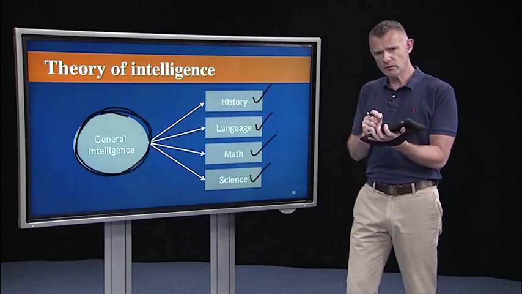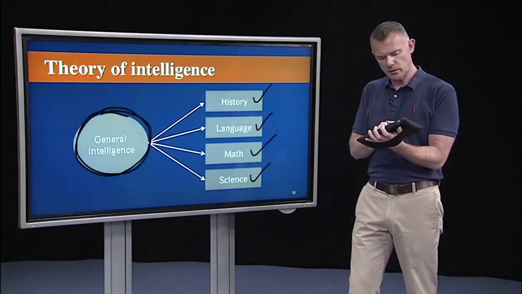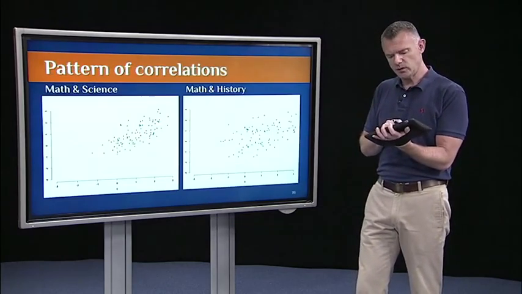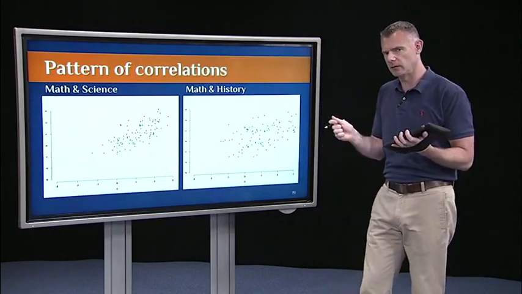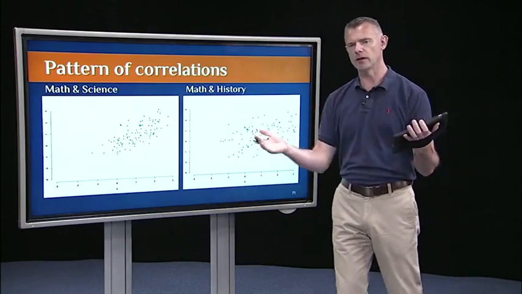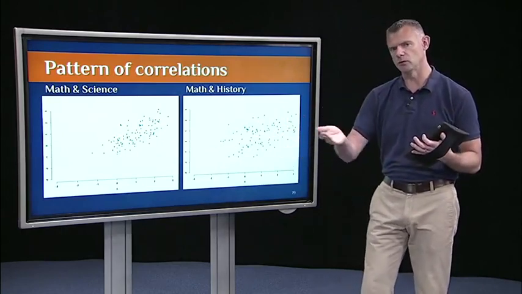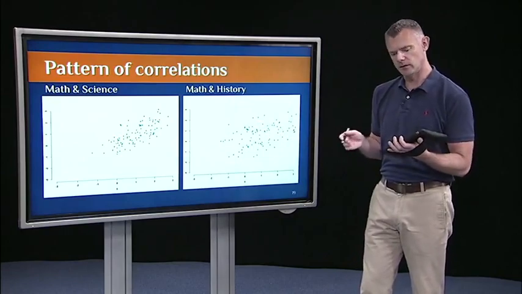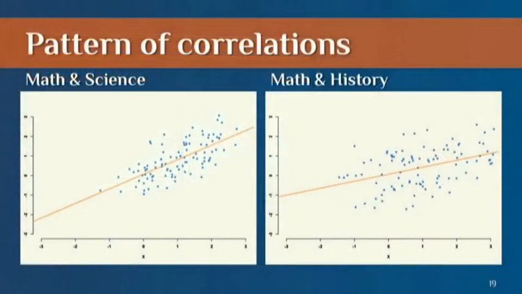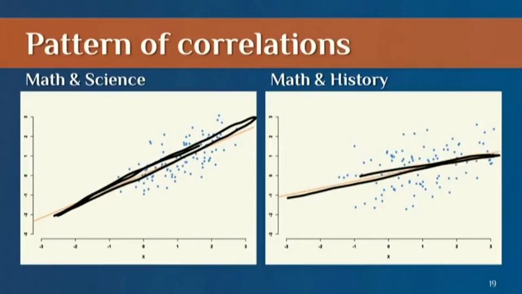One of Spearman's early critics, Thurstone, observed that, well, some correlations are stronger than others. Yes, all the correlations across the children's school grades are positive, but some of them are stronger than others. So for example, if I look at a correlation between math and science, that correlation tends to be higher than, say, math and history.